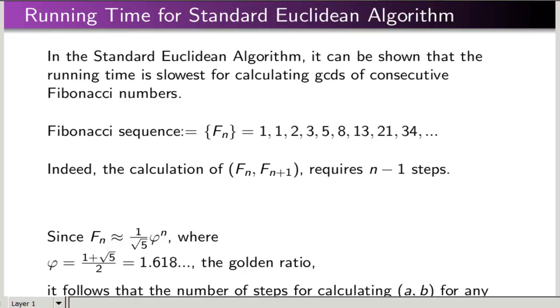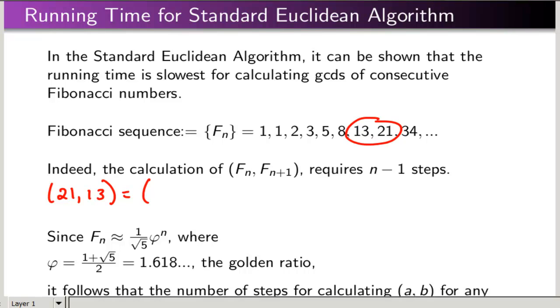Now we'll be talking about the Fibonacci sequence in detail later in the semester, but just as a reminder, it's the sequence where you obtain each successive term by adding the previous two terms.